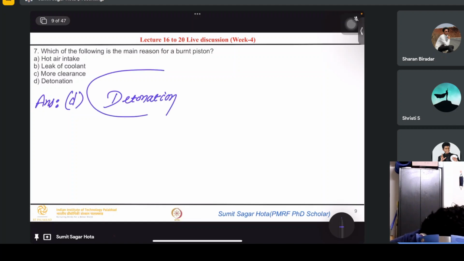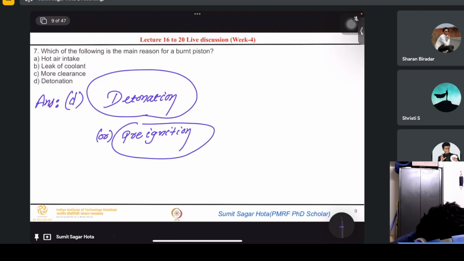For example, if detonation is not in the options but pre-ignition is there, then that will be your answer. If both are there, then both are the answer. If both are there and only one option is correct, then detonation will be the answer.